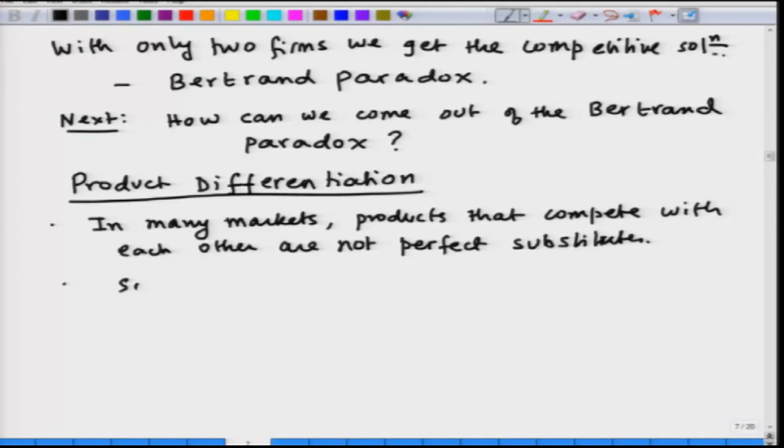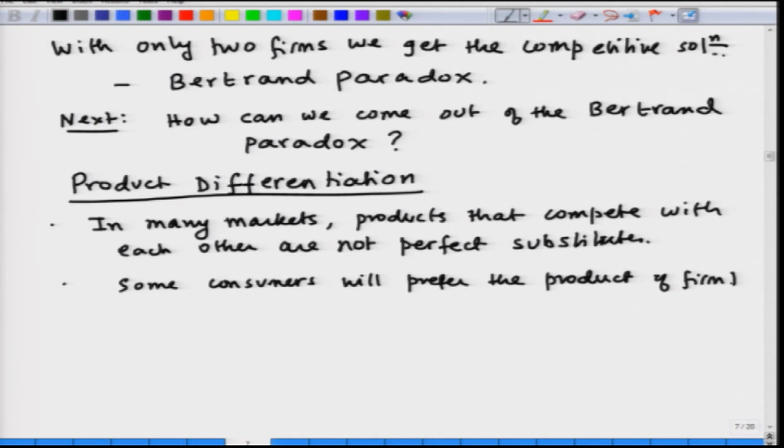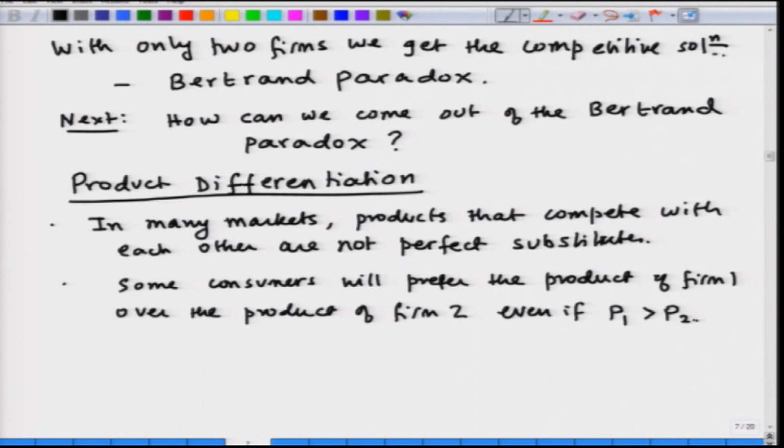Now, some consumers will prefer the product of firm 1 over the product of firm 2, even if the price of firm 1's product is greater than the price of firm 2's product.